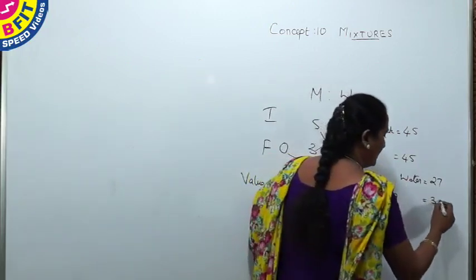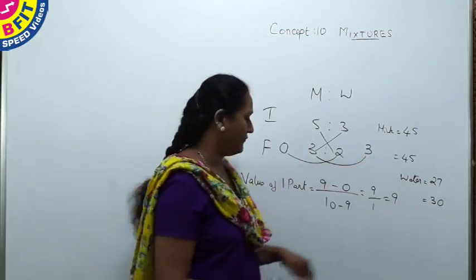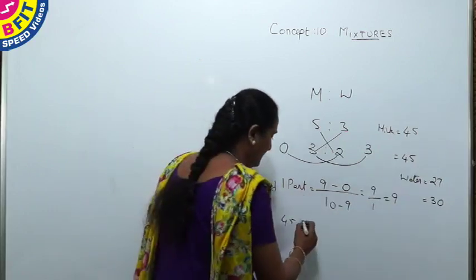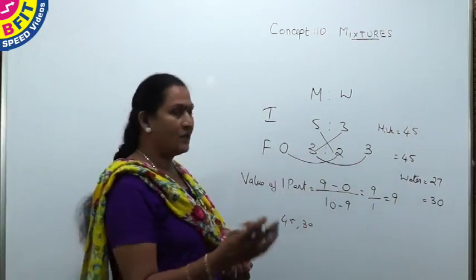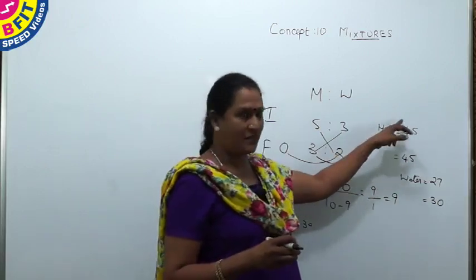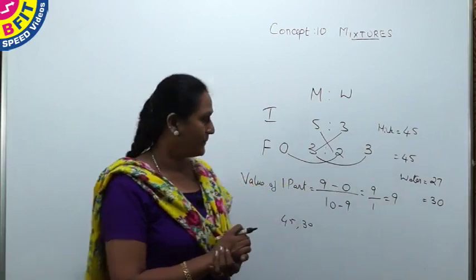So you get 30. And now the final quantity of milk is 45 and the final quantity of water is 30. Simplifying, we get the same ratio. So here the question is the final quantity of milk, which remains unchanged initially and finally. So the answer is 45 liters.